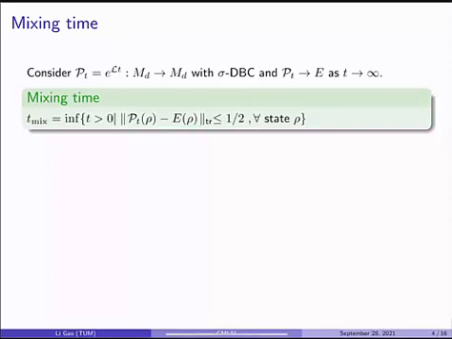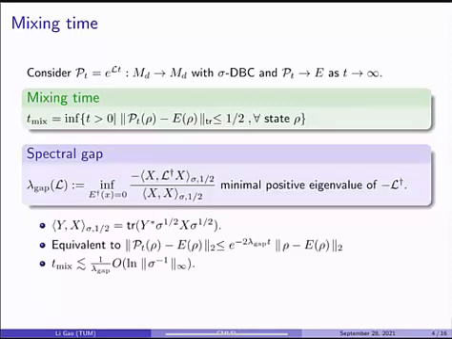The standard tool to derive a mixing time is called the spectral gap, which is basically the gap between the zero eigenvalue and the smallest positive eigenvalue of the negative generator in the Heisenberg picture. You can also express it using the weighted L2 inner product, which is given as follows. Basically, this is equivalent to saying the semigroup's distance to its equilibrium in the Hilbert-Schmidt norm will decay exponentially fast with the gap as the rate.